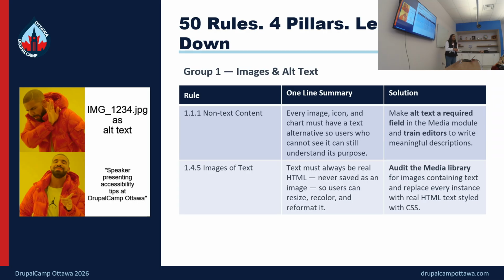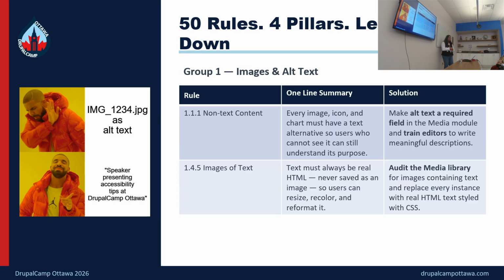But if you have anything that is decorative and doesn't have any context, then you can mark it as decorative. The solution for this is to make alt text required for all image fields inside media modules, or train the users to write a meaningful description.